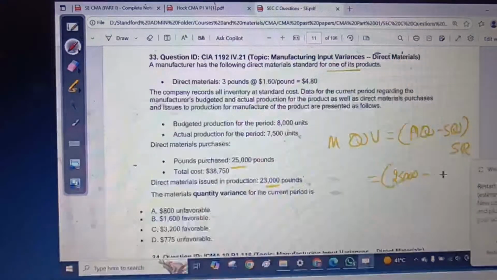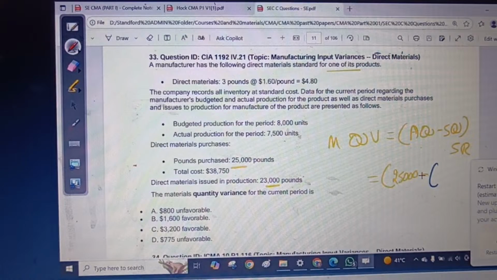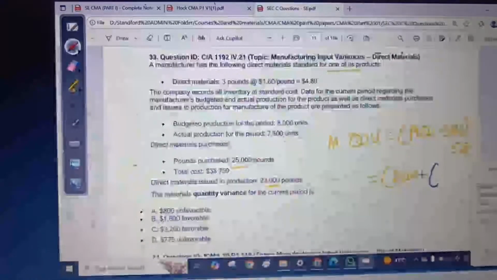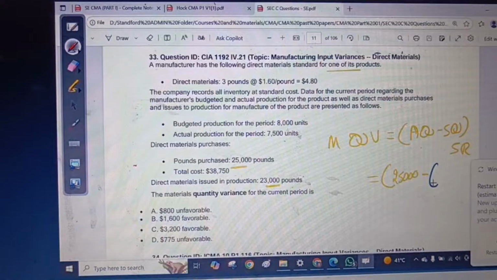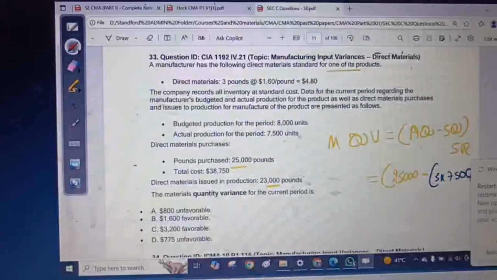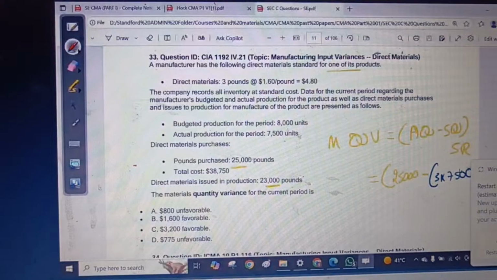What is the standard quantity of input? This is 7,500, right? That is 3 multiplied by 7,500.